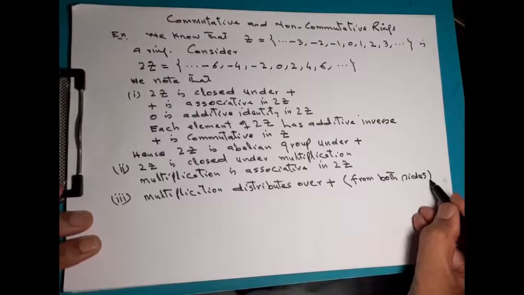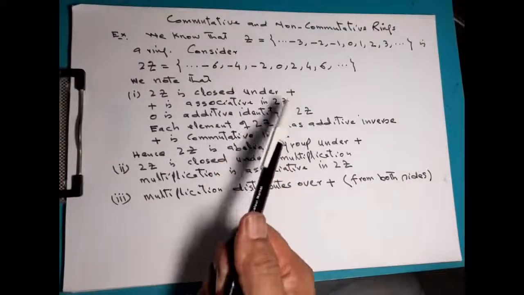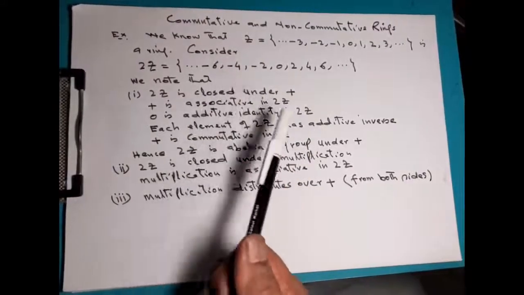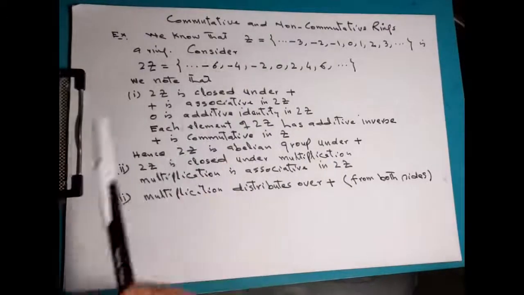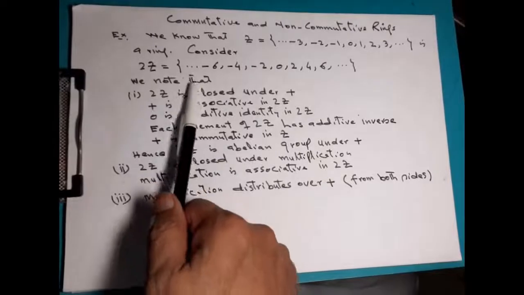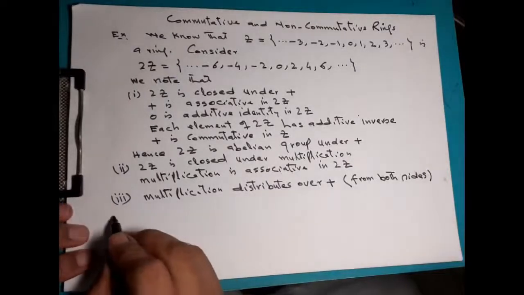The reason is again the same: because multiplication distributes over addition in Z, it will distribute over addition in 2Z as well. So all these conditions give us that 2Z is a ring.